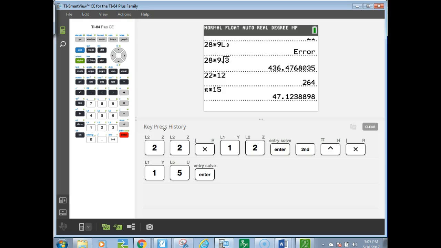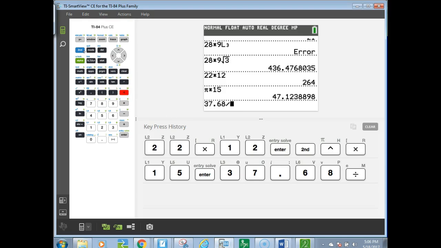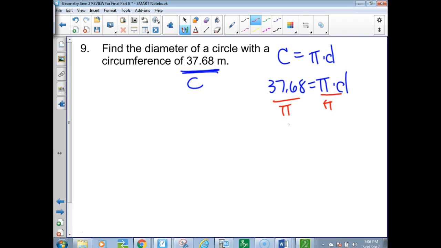I'm going to use the calculator and the pi value on the calculator, 37.68 divided by pi. I got 11.99. Since we've been doing to the nearest tenth, that's going to round us to 12. So that'd be 12 meters.